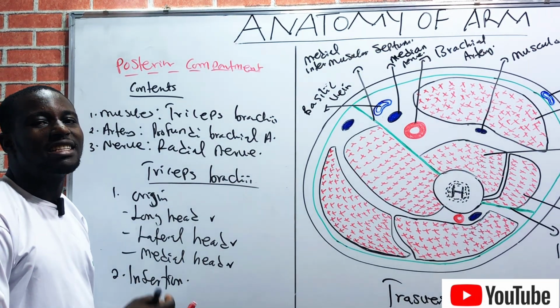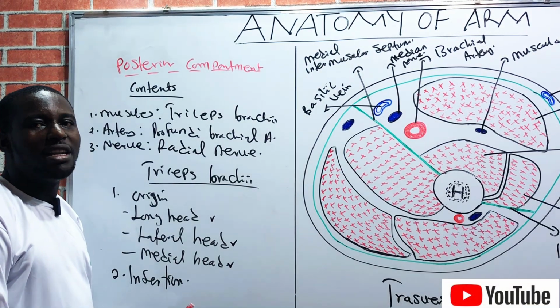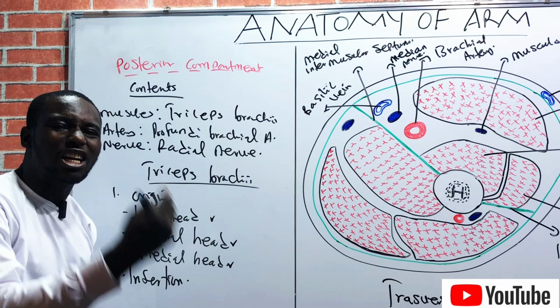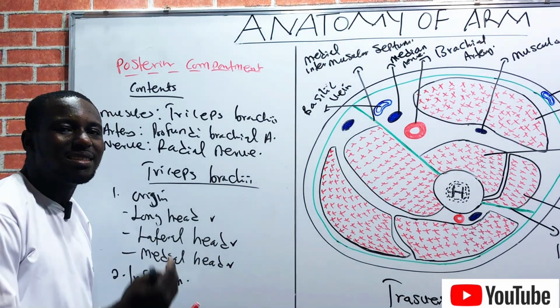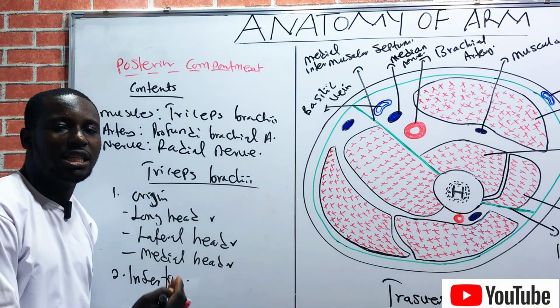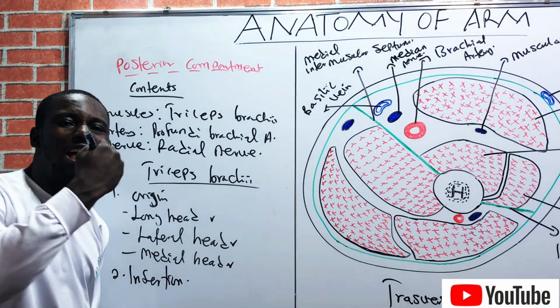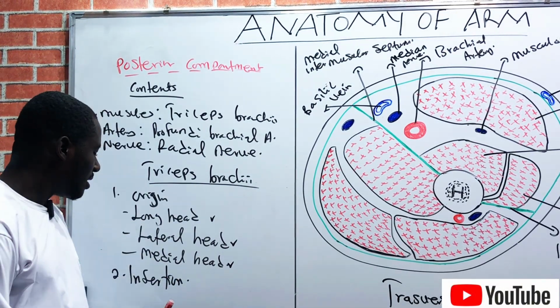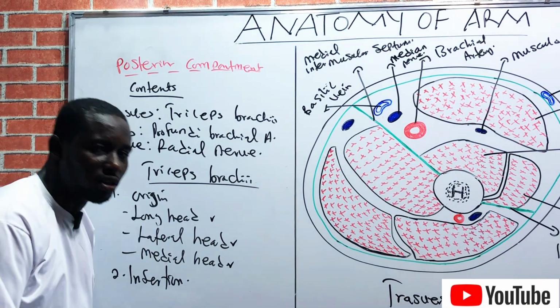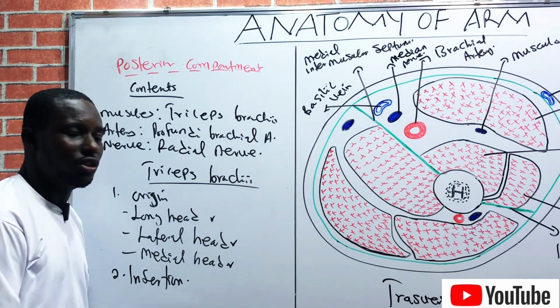Where are they being inserted? They are inserted on the posterior part of the superior surface of the olecranon process of the ulna. That is the insertion of the triceps brachii through its common tendon.